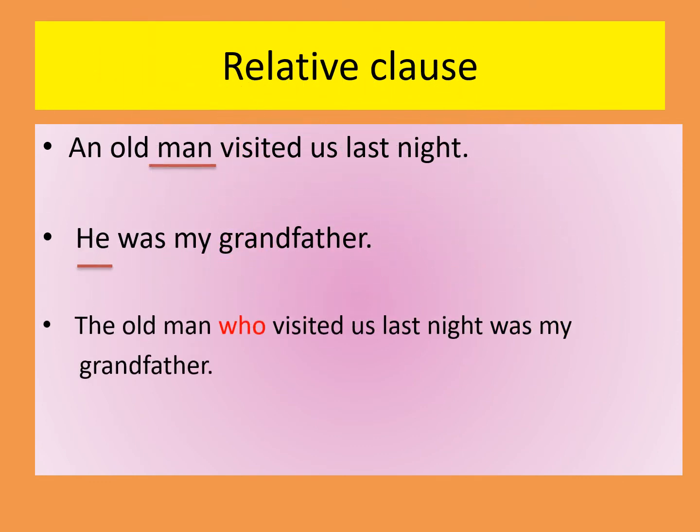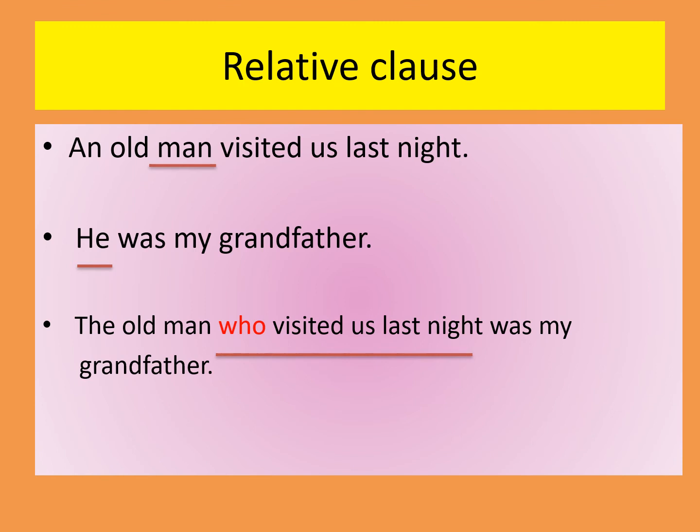The old man who visited us last night was my grandfather. So in this sentence, who visited us last night is a relative clause. This relative clause is giving more information about the old man.